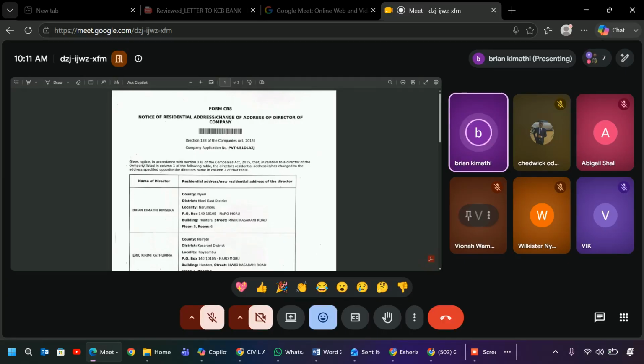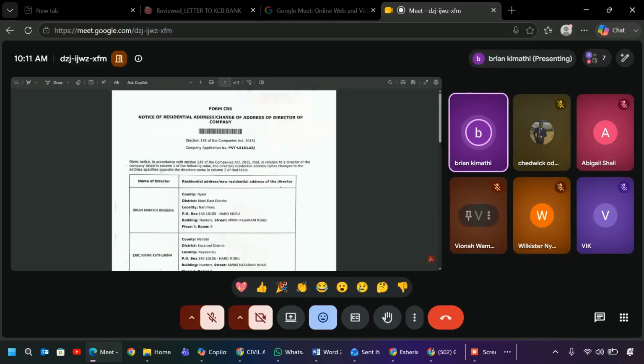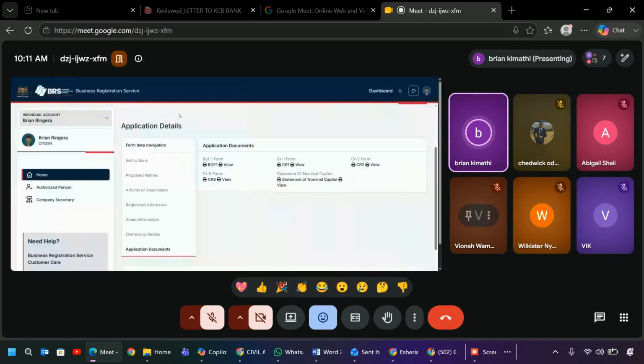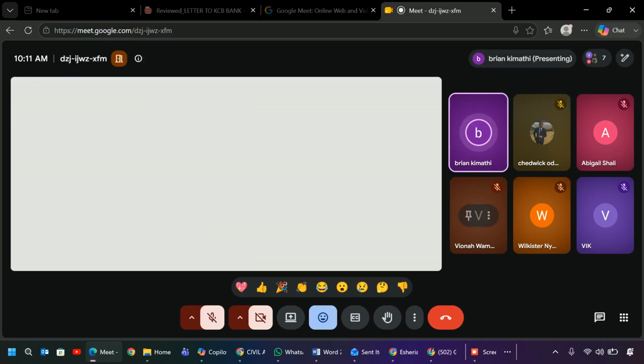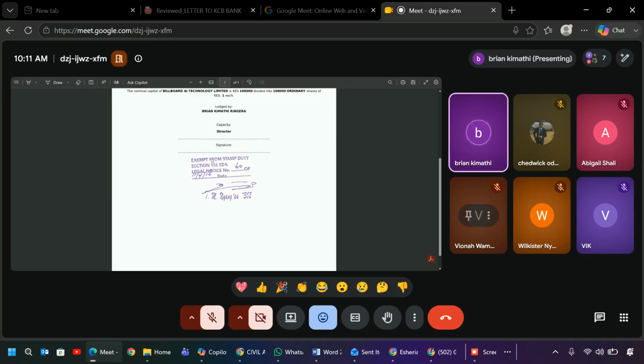So you give notice in accordance with Section 138 of the Companies Act that in relation to a director of the company listed in column 1 of the following table, the director's residential address has changed to the address specified opposite the director's name in column 2 of that table. So basically, that one collects information on addresses pursuant to Section 138. Please go and see. Then this is where we shall come to see about stamp duty.